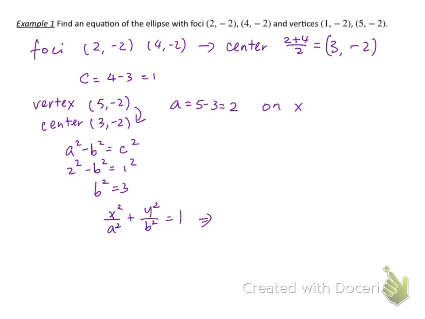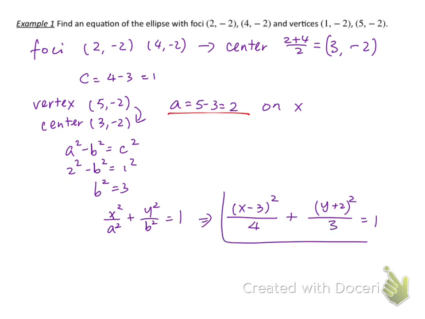So our equation would be x minus the x coordinate of the center over a squared, which is 4, plus y plus the shifting y, plus 2 squared over b squared, which is 3, equals 1. That's the equation. You plug in a and b in the equation, and meanwhile you deal with the x and y by doing their shifting.